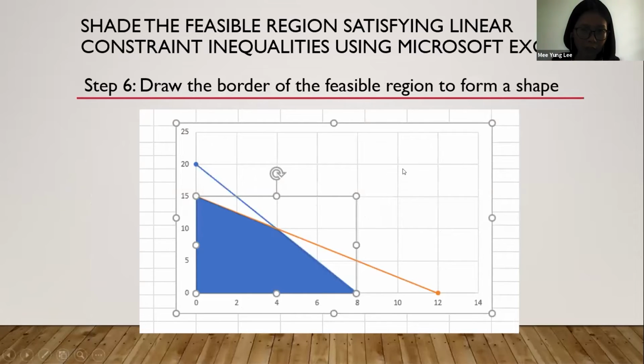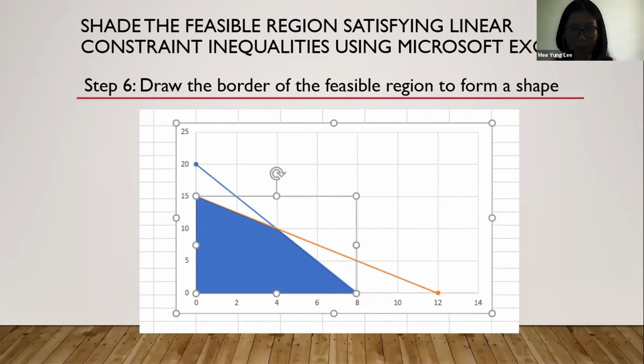After you select free form shape, you have to start drawing the border of the feasible region to form a shape. Drawing the feasible region for linear constraint inequalities is easier because they are in a polygonal shape, compared to the area bounded between curves.